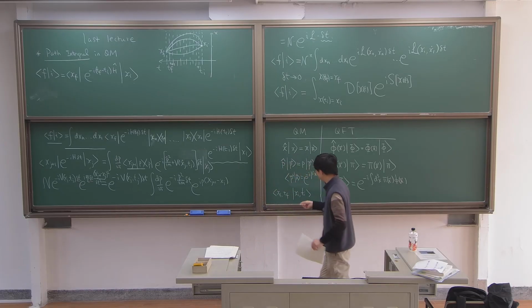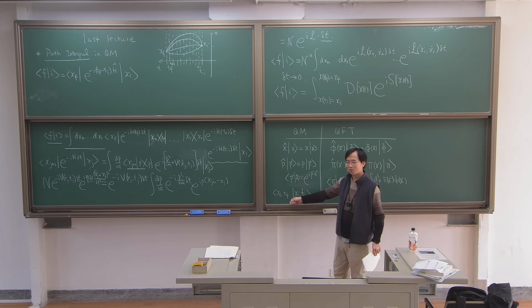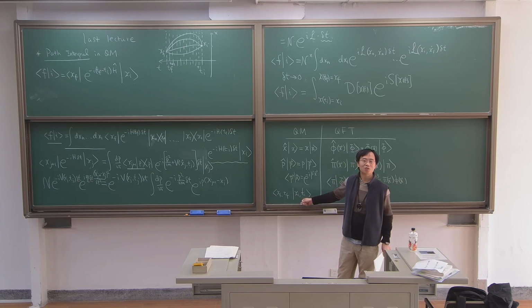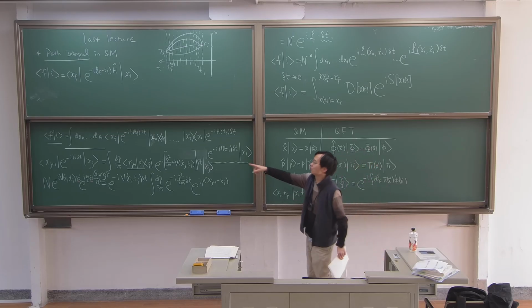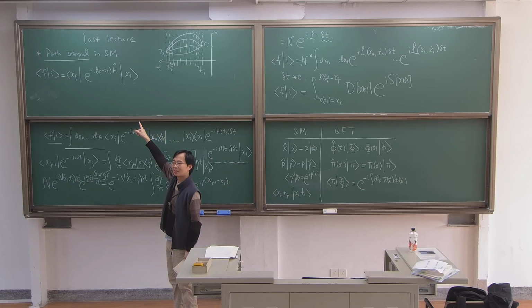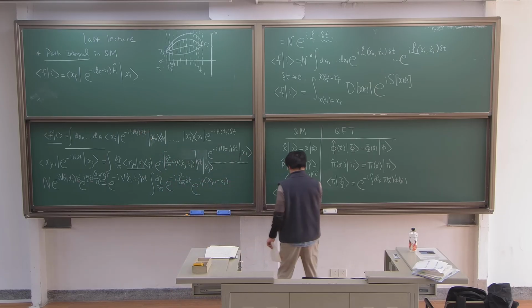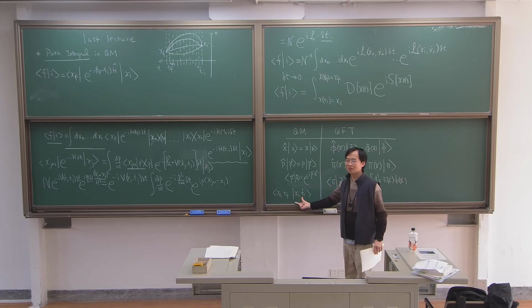This is the overlap we compute in quantum mechanics. Why do I write it this way? Because this is the Schrödinger picture, which is equal to what I put there. That's the Heisenberg picture, because this operator took the job to evolve. It's the same thing. You can write it this way.